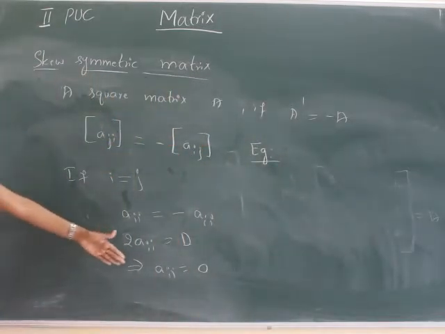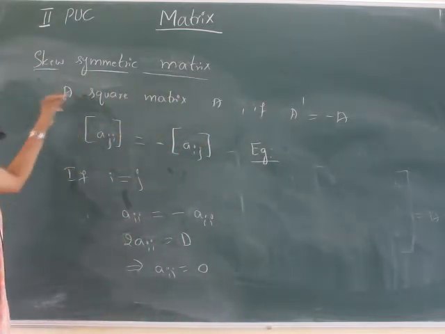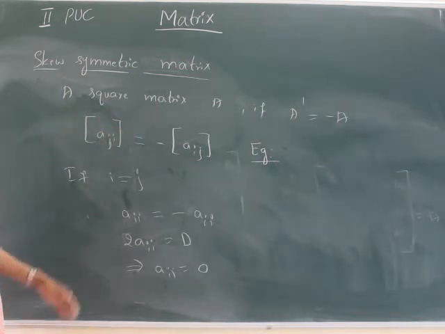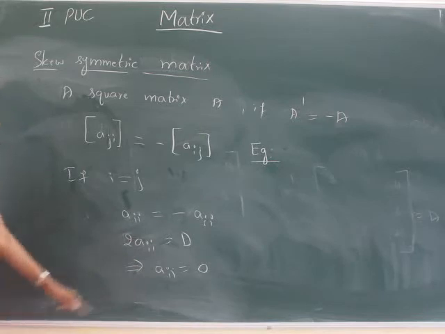We came to know that it should be a square matrix. So I'll take one example as a 3 by 3 matrix. In the 3 by 3 matrix, the principal diagonal elements should be zeros.